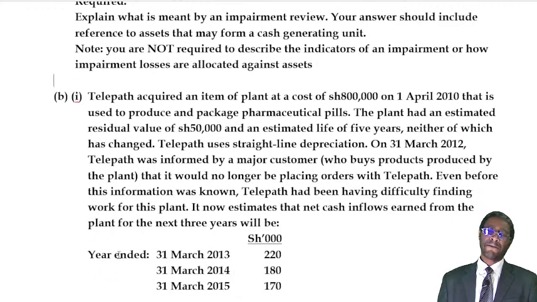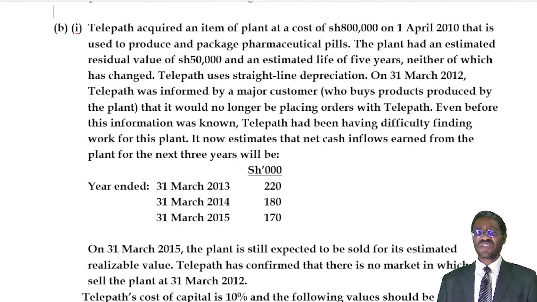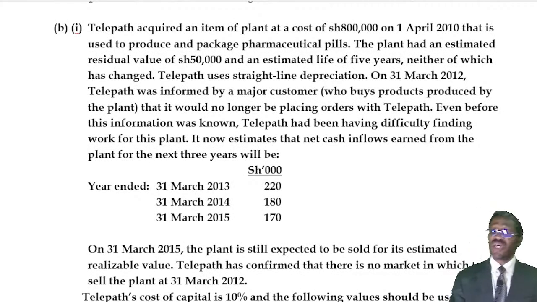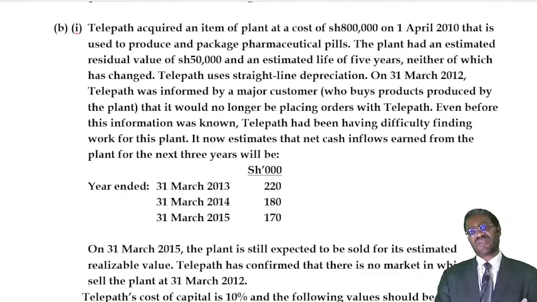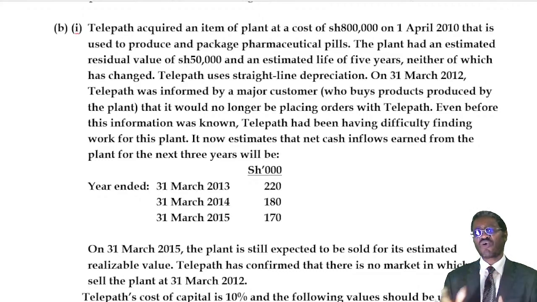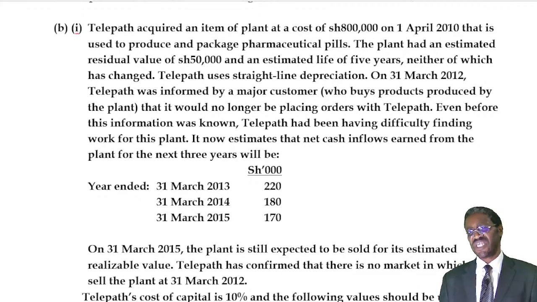Number B1 says, let me now do that. That's the one I want us to do. Number B1 says, Telpath acquired an item of plant at a cost of 800,000 on 1st April 2010 that is used to produce and package pharmaceuticals.